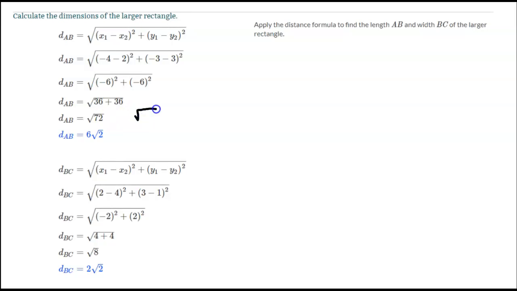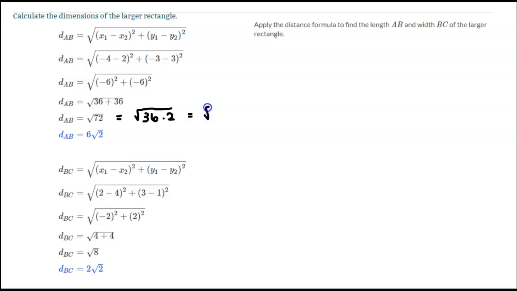So finding the perfect square would be like saying 36 times 2. The square root of 72 is equal to the square root of 36 times 2.